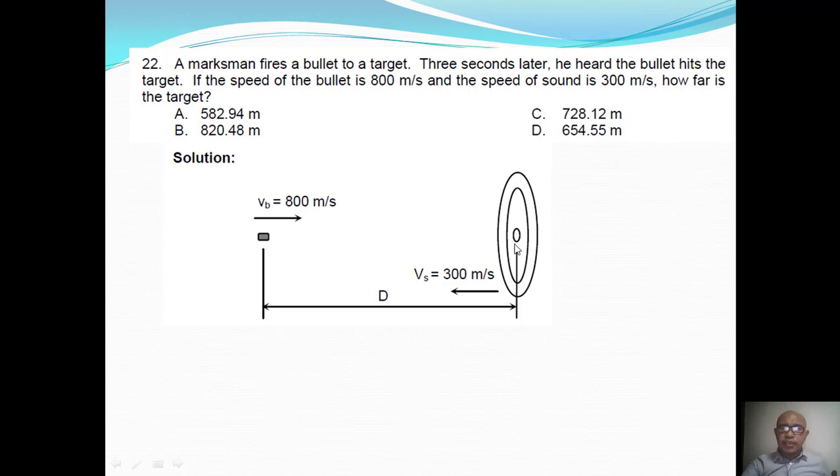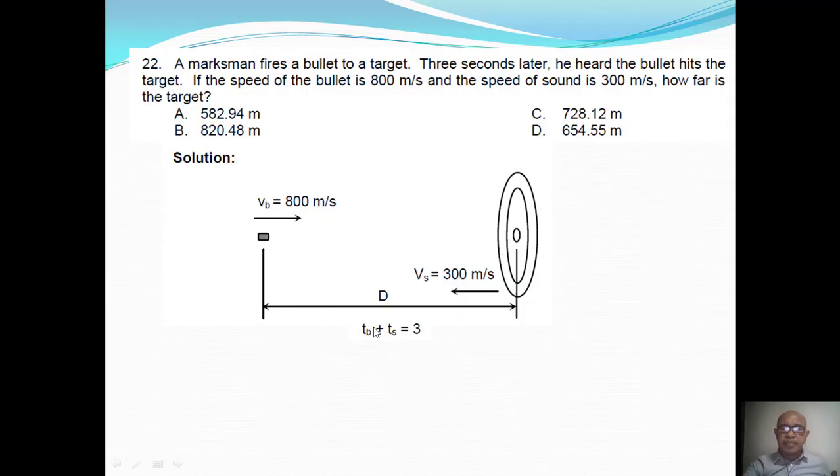Okay, so we have the total time of travel, bullet to the target, and then the sound from the target to the marksman. The total time there is 3 seconds. So we can write time of the bullet plus time of the sound is equal to 3 seconds.